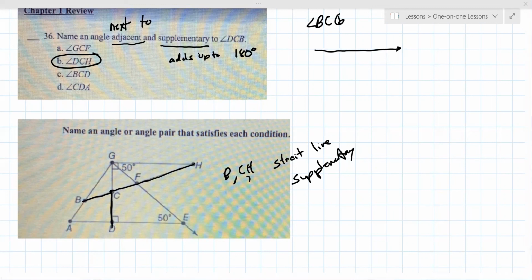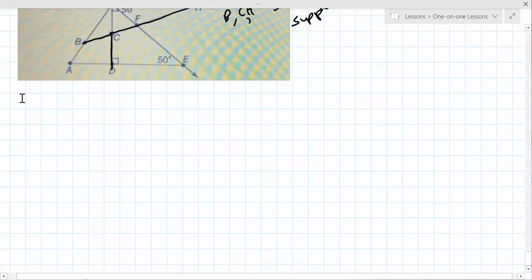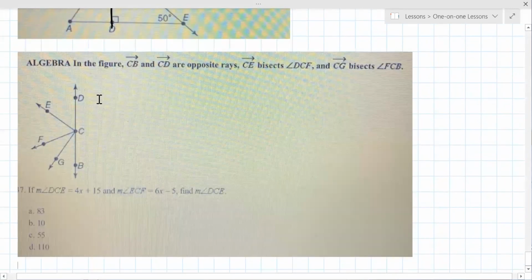All right. So we've got a new figure here. In the figure, the measure of angle DCE is 4x plus 15.